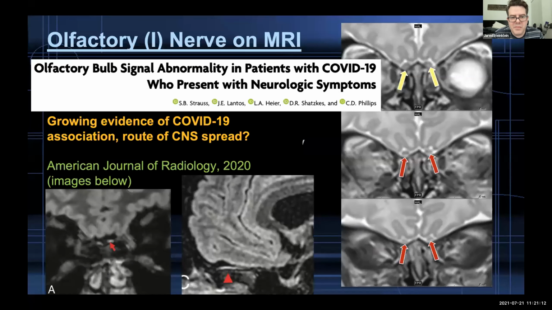And then this is an article my colleagues published actually last year, after collecting and reviewing multiple images on COVID patients, and we were able, or they were able, and us to some degree, we were also able to resolve the olfactory bulbs on these 3D images you can see here, and they did compare to normal, and they did see some difference.